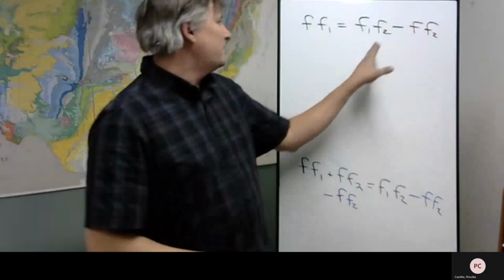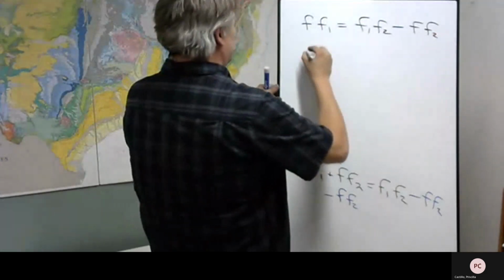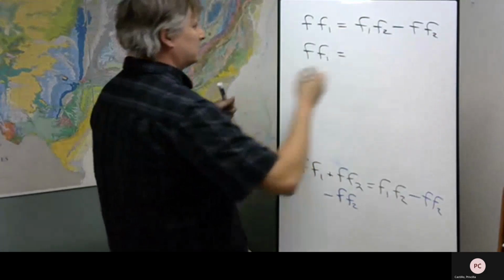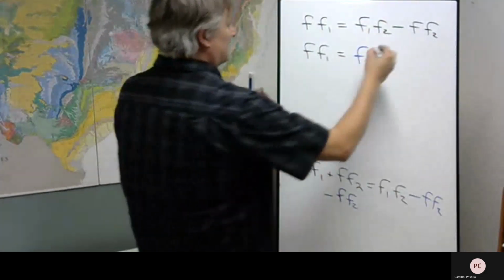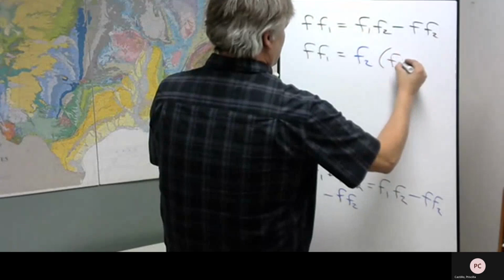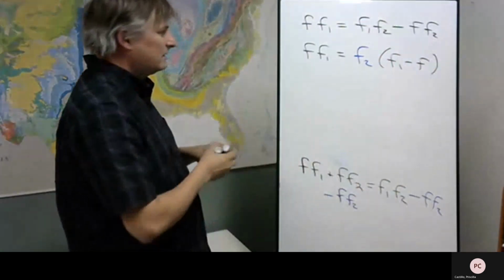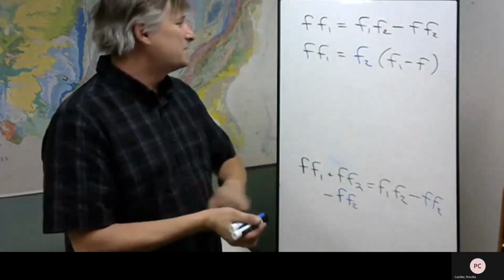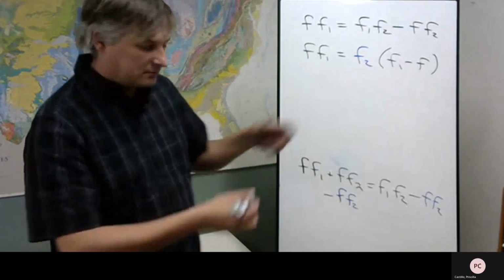So now we can factor out that F2. So now what we want to do, we want to get F2 by itself. So we're going to divide this entire piece on both sides.